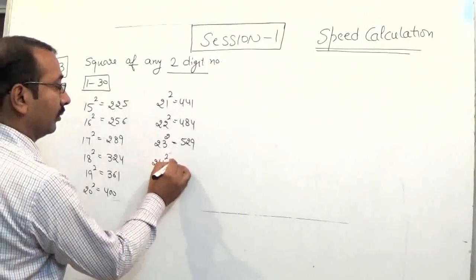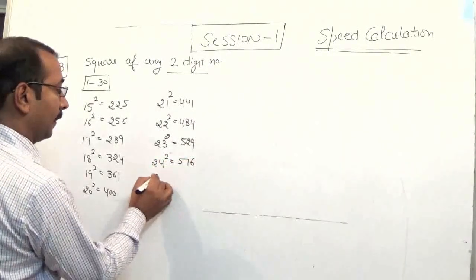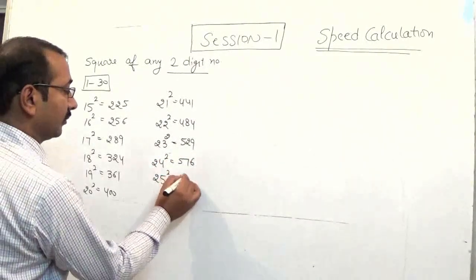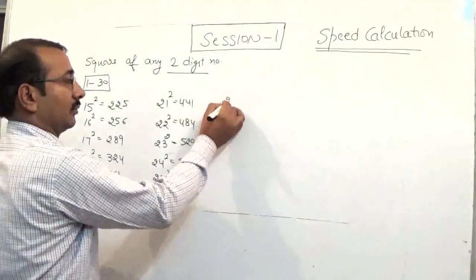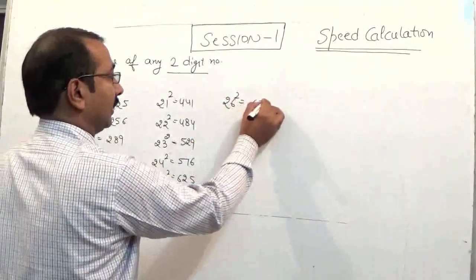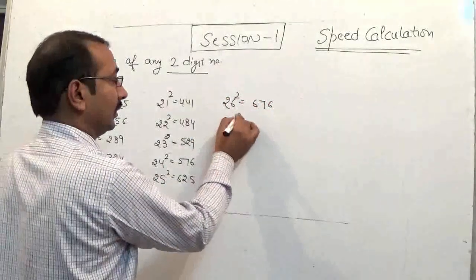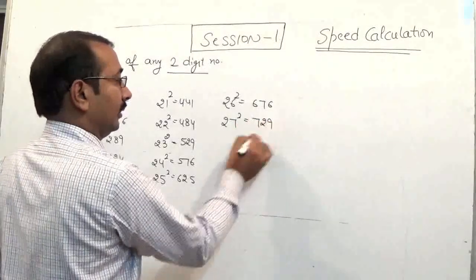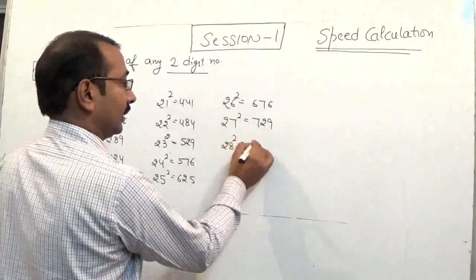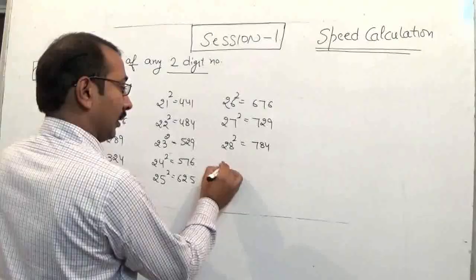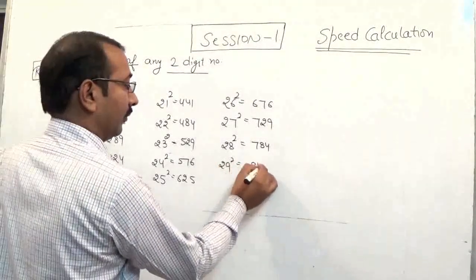Square of 24, 576. Square of 25, 625. Square of 26, 676. Square of 27, 729. Square of 28, 784. Square of 29, 841.